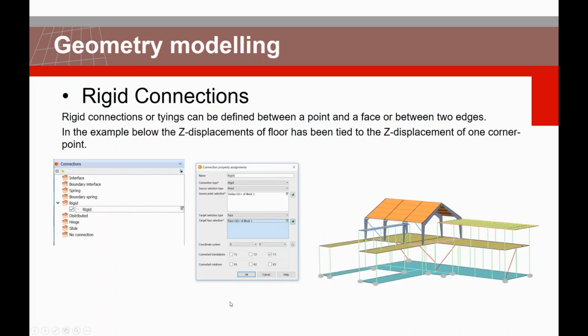Likewise for rigid connection: if you want to tie all your connections with respect to one point, or make a diaphragm type, you can use the rigid connection and again nicely flag and identify them with respect to the master and slave nodes on that particular diaphragm or rigid connection that you define in the model.